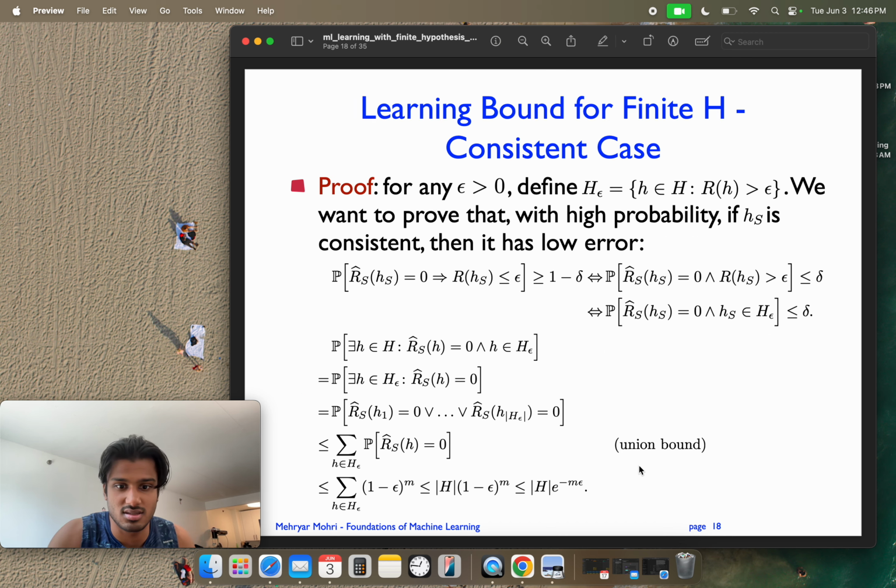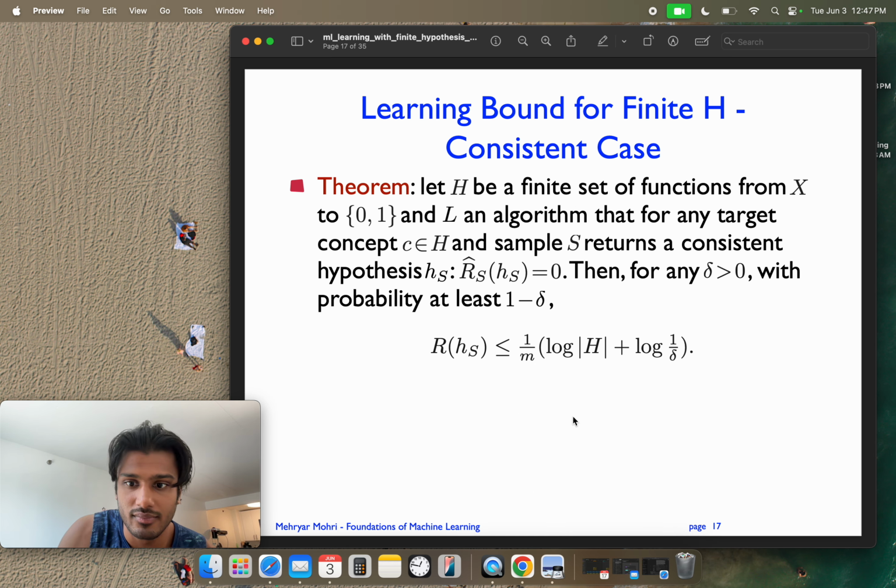Now that's a bit that you have to do. You can see if I set this as delta, I take the log, because I want to be able to write what epsilon is. So I set this equal to delta, and then epsilon is log of the cardinality of h plus log of 1 over delta, divided by m, and that's it.